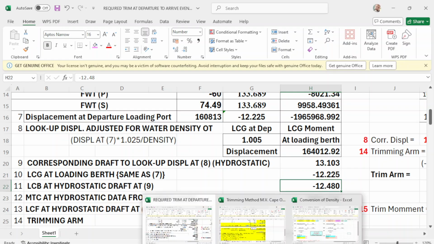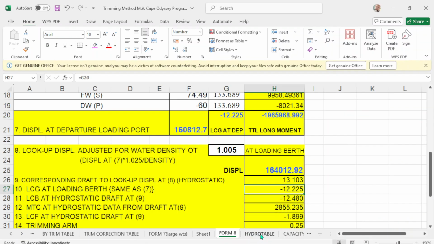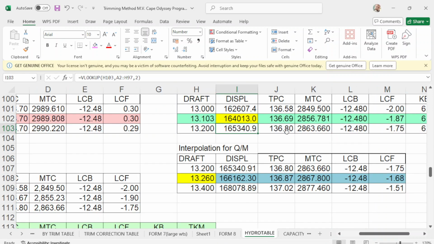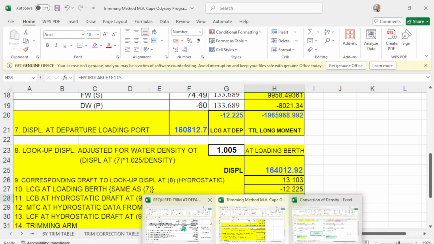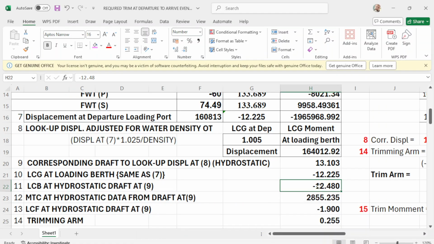Take note of the LCB. LCB is negative 12.48. So we have here negative 12.48, and the other one will also be negative 12.48.